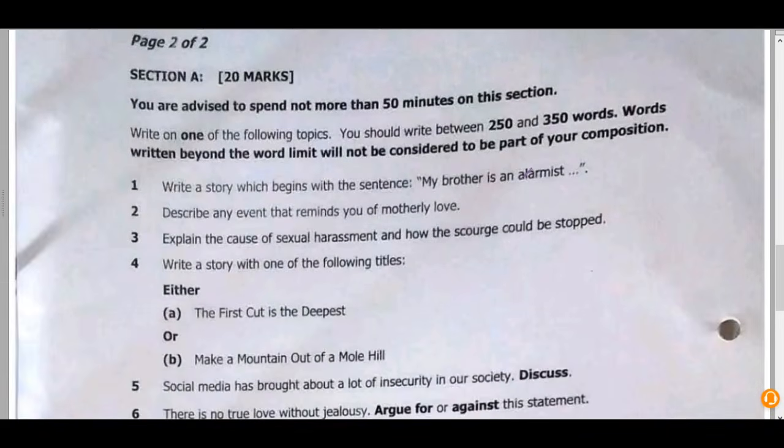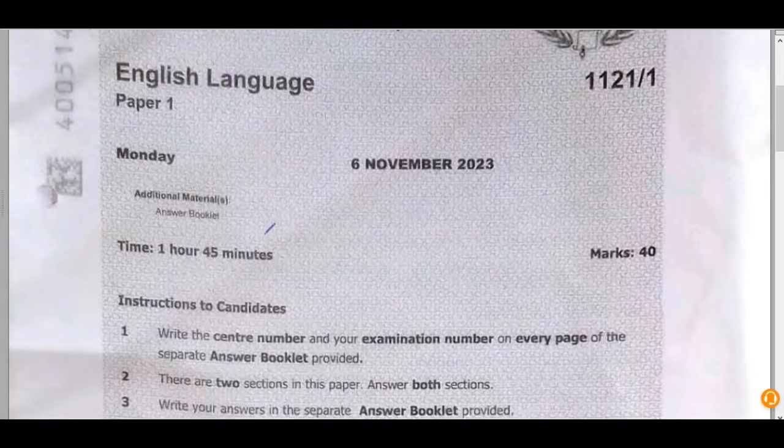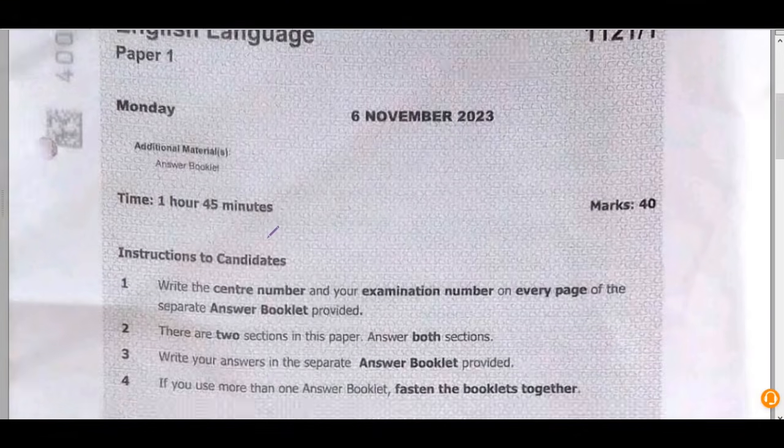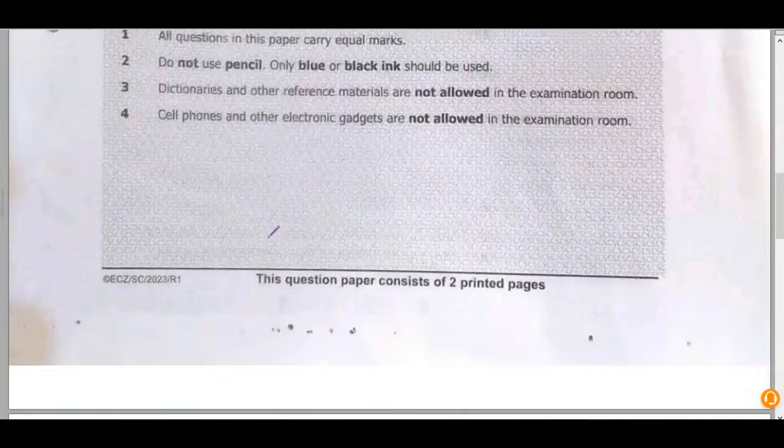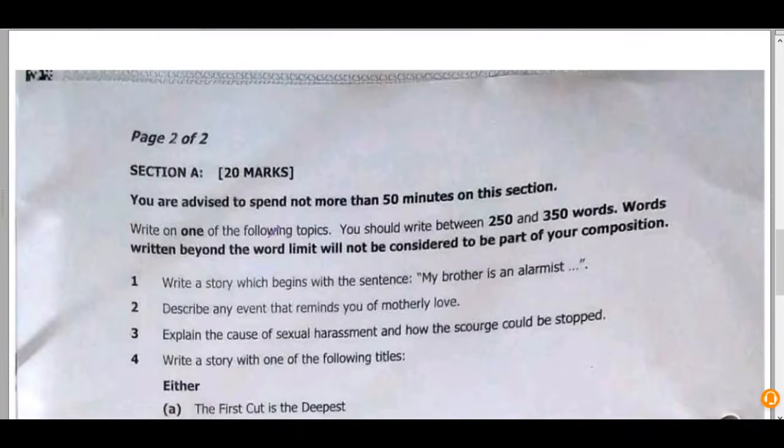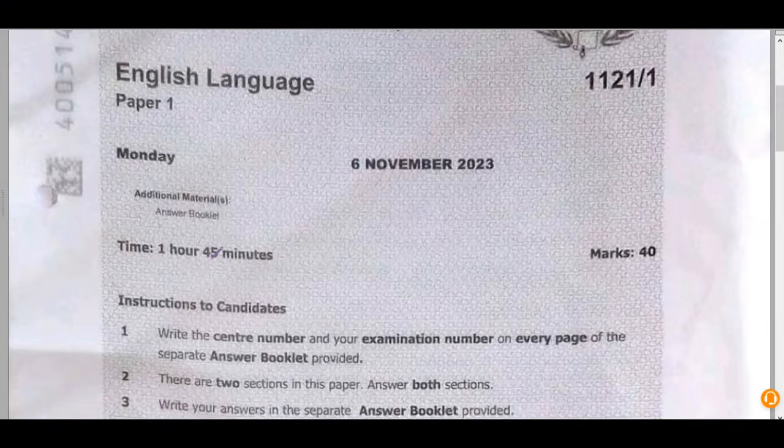Section A. So remember, you've got 1 hour 45 minutes, so you have to structure or time yourself carefully here. So get your watch out and then start planning your time. Convert the 1 hour 45 minutes into minutes.